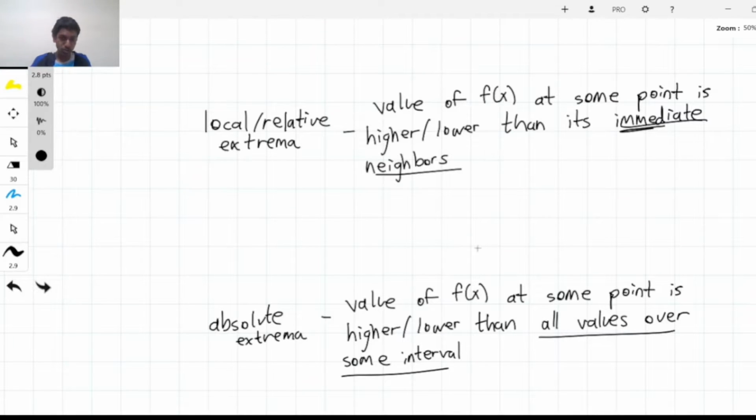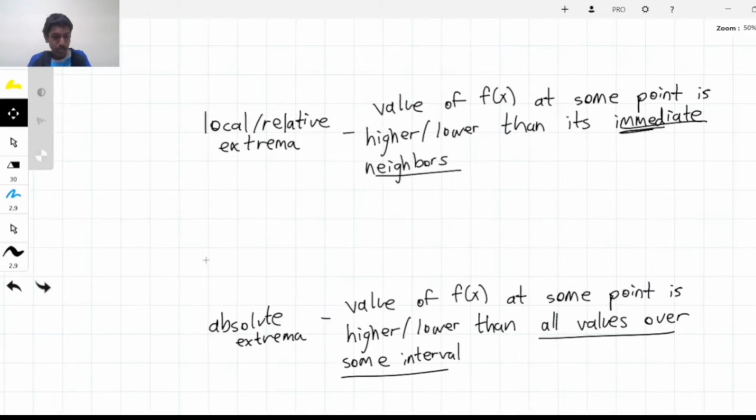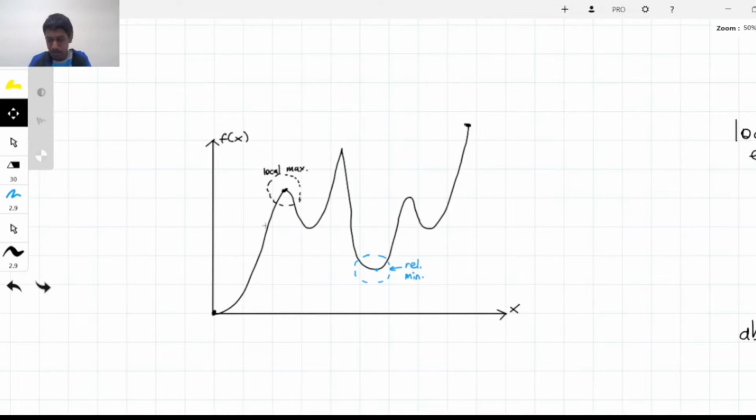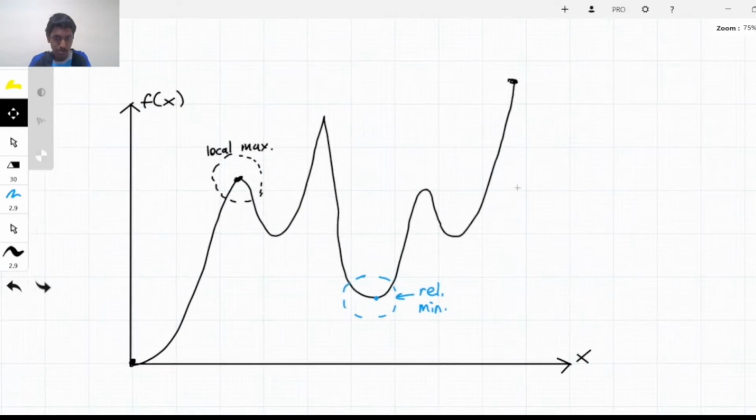With local extrema, it's just comparing a very small circle around that point, while with absolute extrema, you're looking at an entire interval, which may be unbounded. You might be looking at intervals like minus infinity to infinity, which is the whole number line. And here, this interval happens to be bounded between two points.